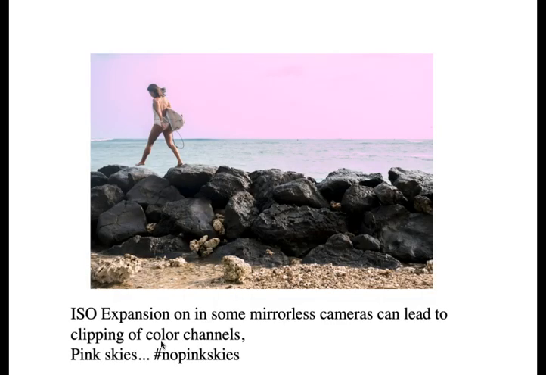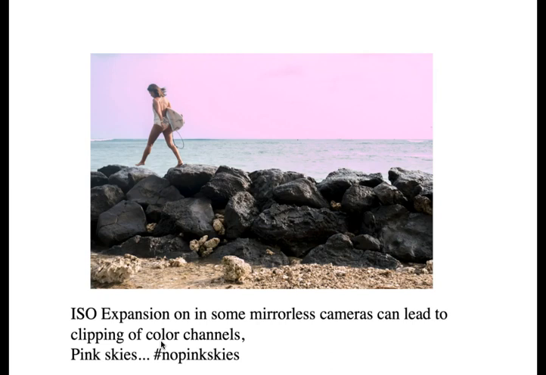Now, one thing to point out, especially on our mirrorless cameras, some of the older ones, they have something called ISO expansion. And what this does, it expands the inherent ISO of the camera. So your cameras are all going to have an embedded range, and it's somewhere between 100 to 3200, maybe 50 to 6400.